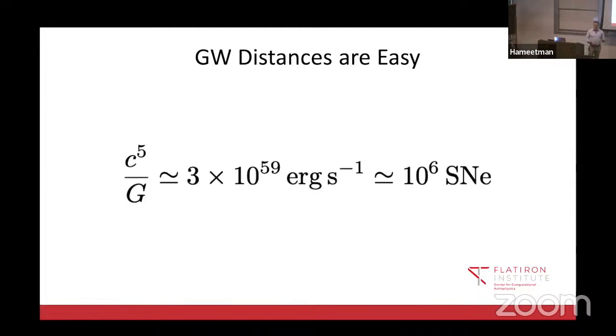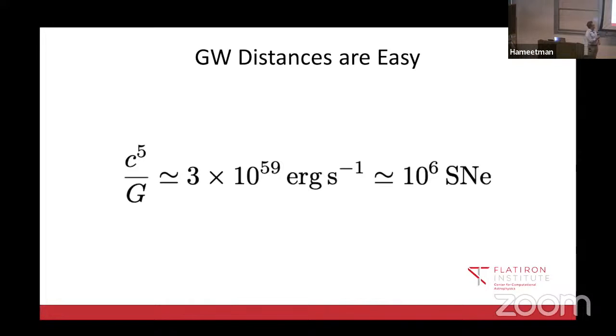In contrast to electromagnetic astronomy, in our situation, distances are easy for us to measure for the following reason. There is a constant of nature, c to the 5th over G, which is a luminosity of 3 times 10 to the 59 ergs per second, 1 million or 10 million times the luminosity that's achieved in a supernova. These are constants. This is a universal thing.